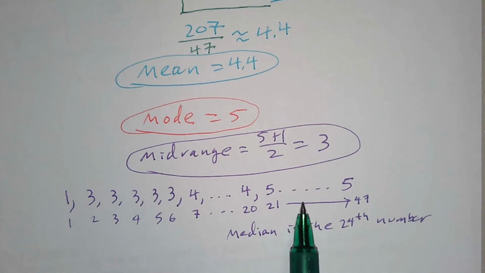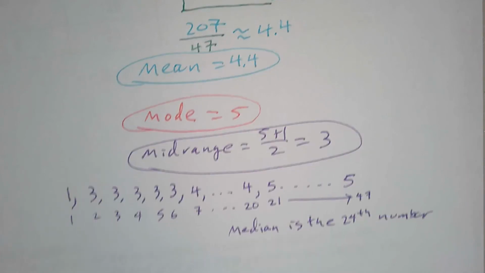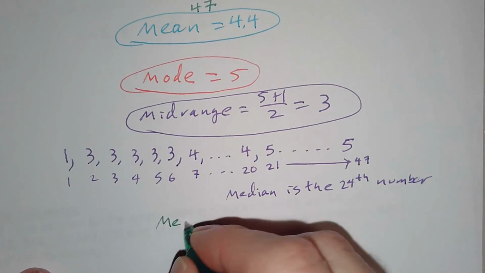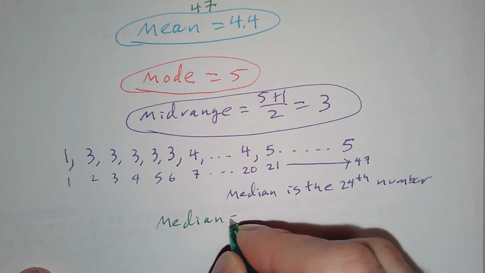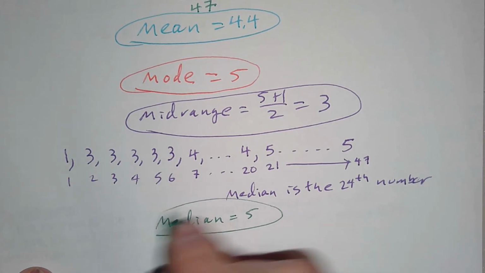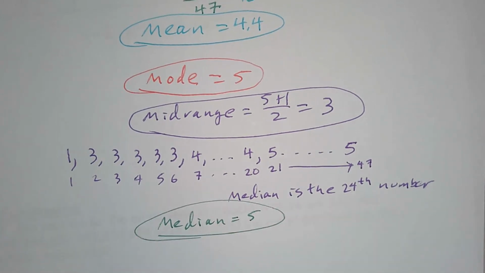Well, my 24th number is somewhere in here. That's going to be the number 5. So our median then is 5. So again, we really can't write this all out. We need to go through and just think about how this list is going to look in order to get the median.